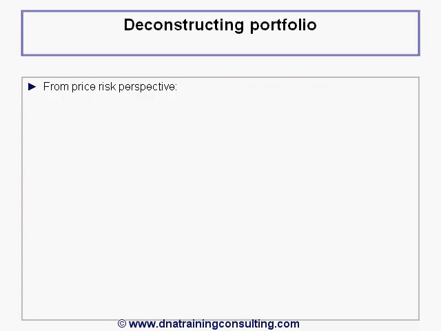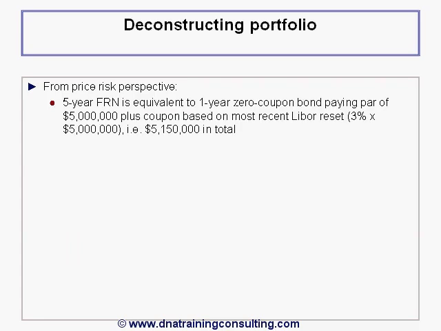From a price risk perspective, the 5-year FRN is equivalent to a 1-year zero coupon bond paying a par amount of $5 million, the principal, plus a coupon based on the most recent LIBOR reset. So 3% times 5 million, i.e. in total 5.15 million.